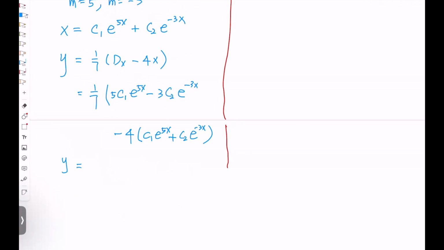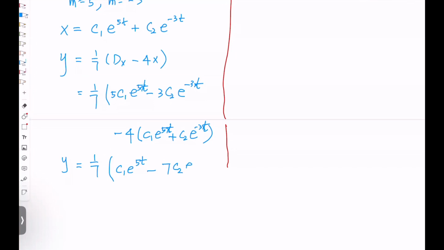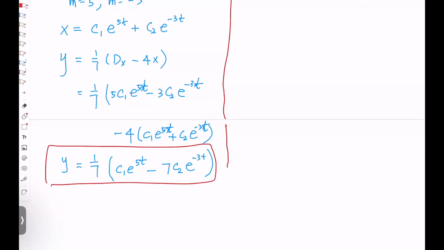Then y equals 1 over 7, and c1 is 5c1 minus 4c1, which is c1 e to the 5t, sorry, has to be all t, minus 3c2 minus 4c2, that's 7c2 e to the negative 3t. So these are the solutions, y here and x here.